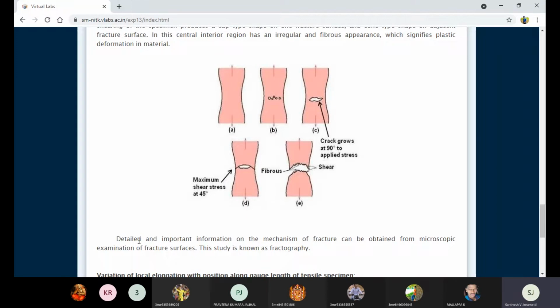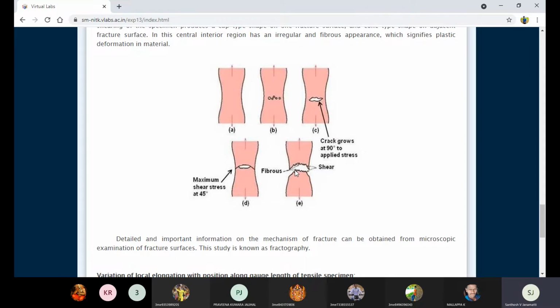According to experience, whenever we use ductile material for the tensile test, it will give us the cup and cone type of fracture. The cup and cone type of fracture only takes place in ductile materials. If you put brittle material into this tensile test, the fracture surface looks like a flat surface.